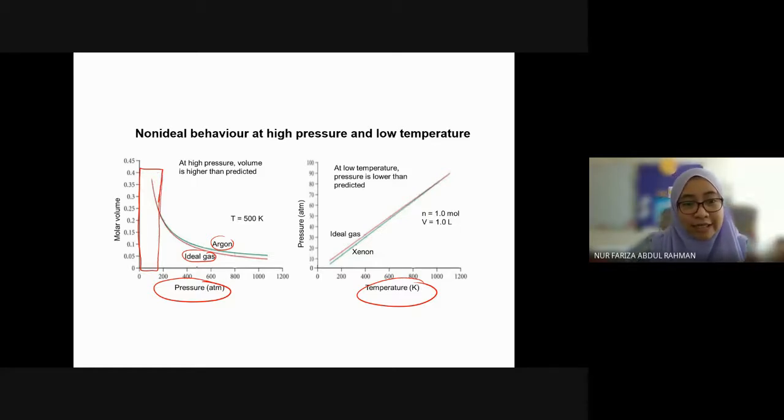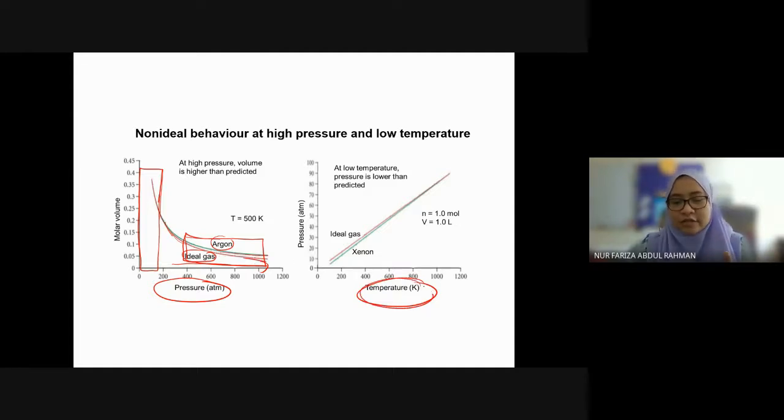Okay, tapi when we increase the pressure further, nampak tak dia deviate? So maksudnya menunjukkan at higher pressure, the argon start to deviate from ideal gas. Dia dah tak jadi overlap dah. Makin lama tak overlap, dia dah terpisah. Okay, this is what we call deviation.